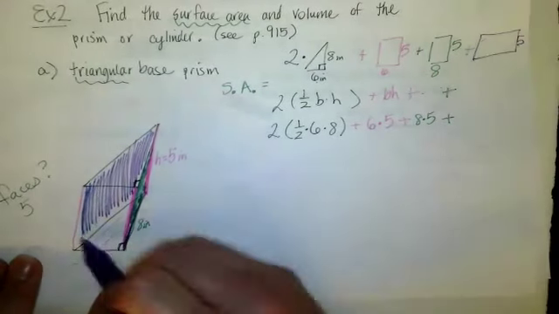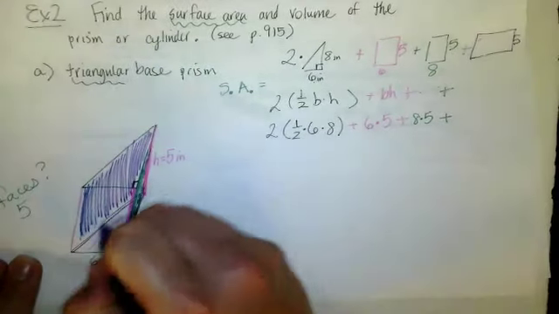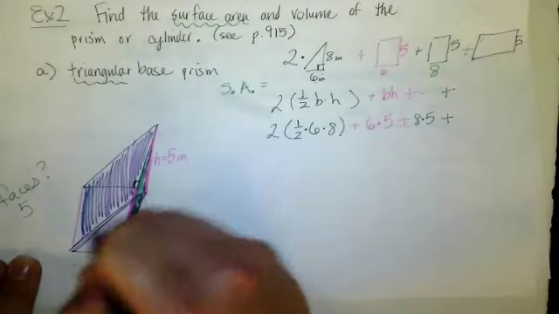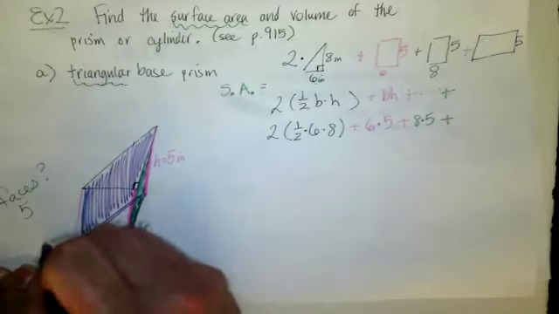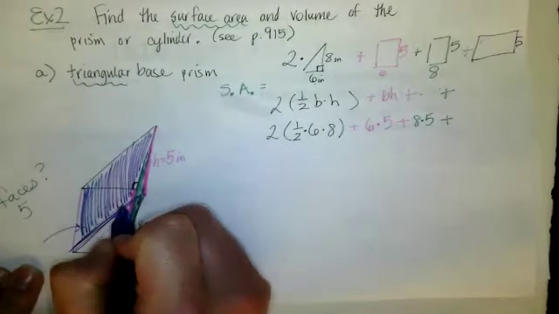Good. What's its base all along here? Not 14. 10. 10, it's 10. So how could we, if we didn't know, figure out what this length is right here?